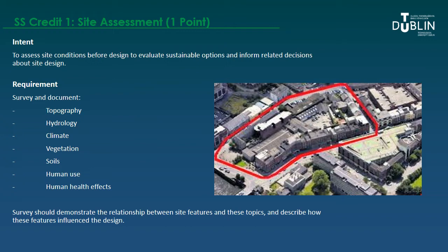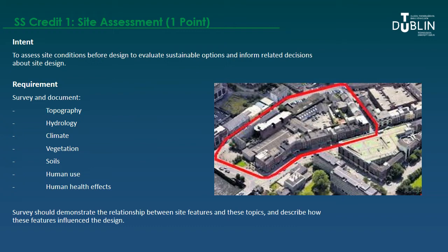Vegetation would look at the vegetation types that are there, significant trees that are there, is there any threatened or endangered species on the site. Soils would look at the kind of soil standard, what type of soil you have on site.